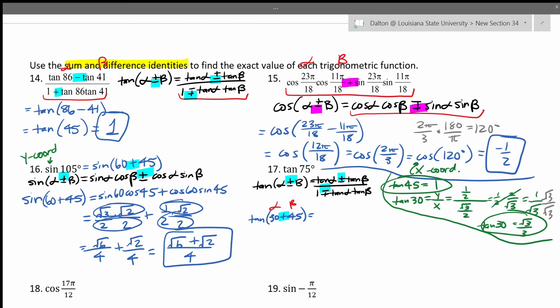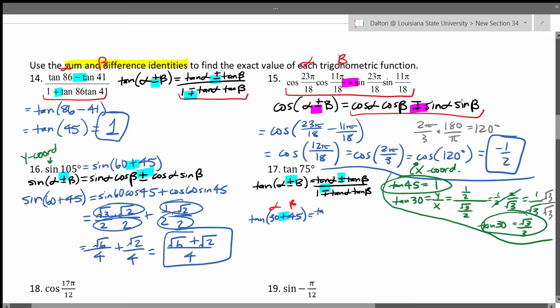So tangent of alpha plus beta is going to be the tangent of 30 plus the tangent of 45 all over 1 minus tangent 30 times tangent of 45. And then we're going to substitute our values in. So this is the same thing as, we know tangent of 30 is the square root of 3 over 3, plus the tangent of 45 is 1, all over 1 minus square root of 3 over 3 for tangent 30, times tangent of 45 is 1.